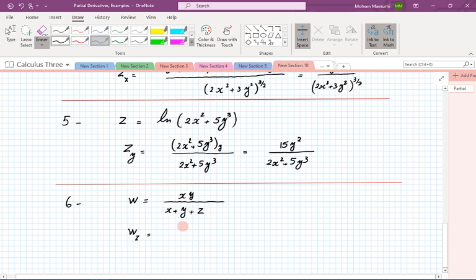So the derivative of the numerator with respect to z, there's no z here, so its derivative is going to be 0 times the denominator, so that's going to be 0, minus the derivative of the denominator with respect to z, which is just 1, times the numerator, so that's going to be xy divided by the denominator squared, x plus y plus z, all squared.